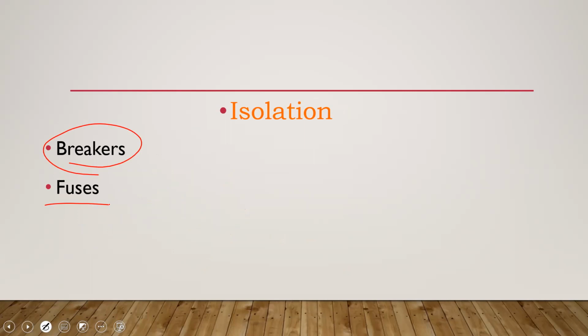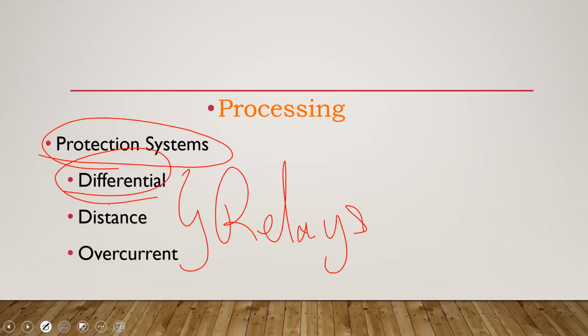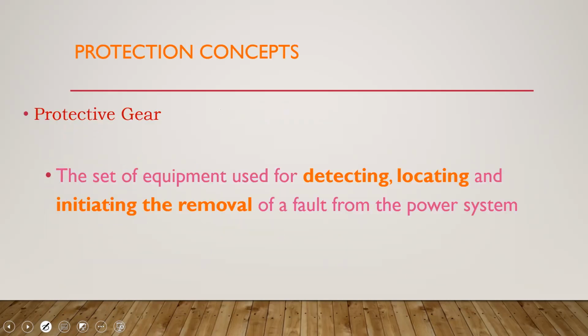But there was a program of removing them and replacing them with SF6 breakers. But the technologies for your breakers has been evolving. And then of course your fuses. So we process using these relays, your protection systems, and then we isolate there.